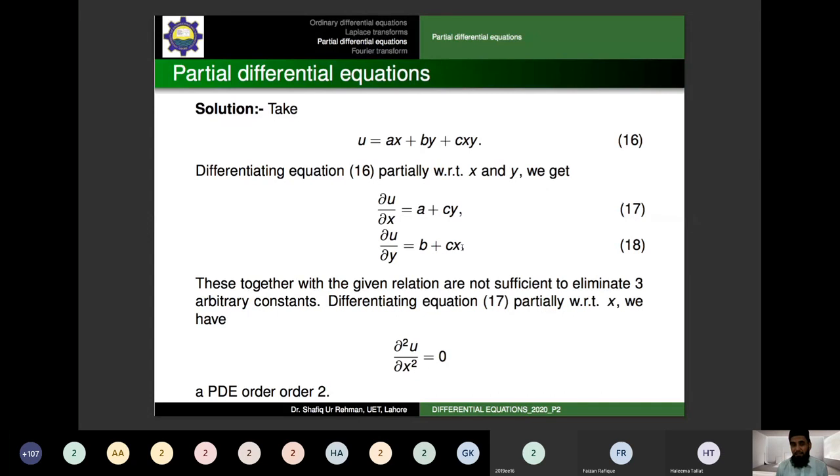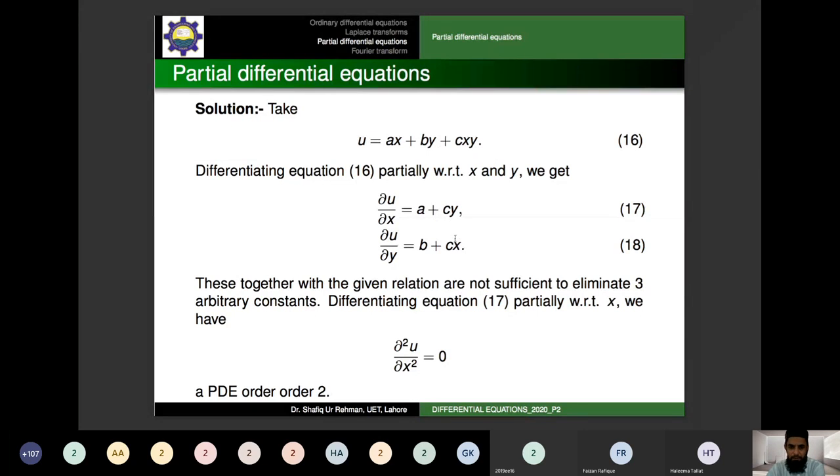Our target is to get rid of a, b, c. But we have only two equations to obtain a, b, c, because number 16 has to be utilized. In other words, we have to replace a, b, c in equation number 16. So how can we find three unknowns from two equations?